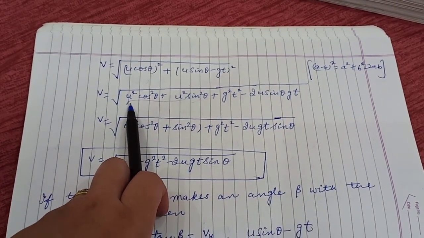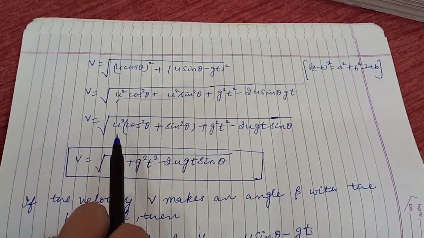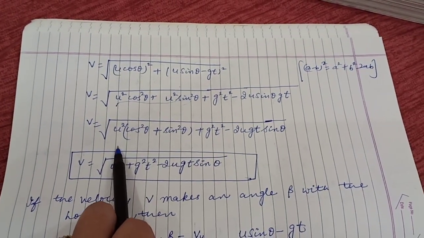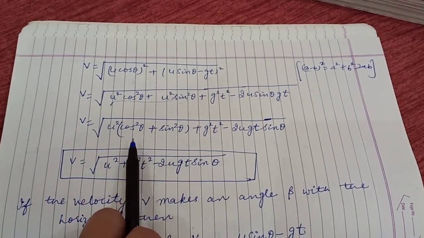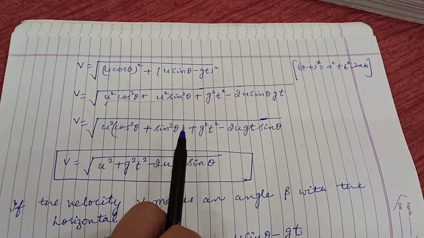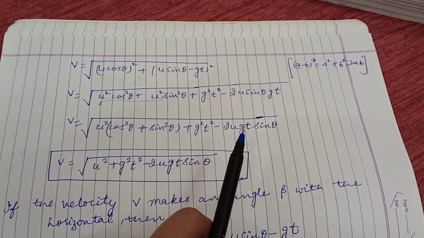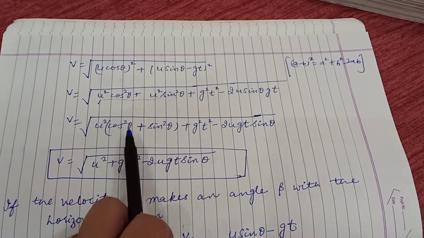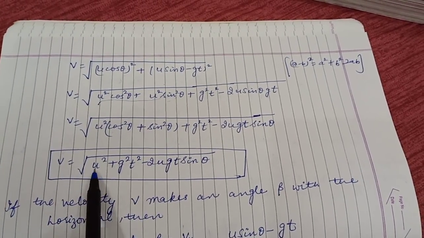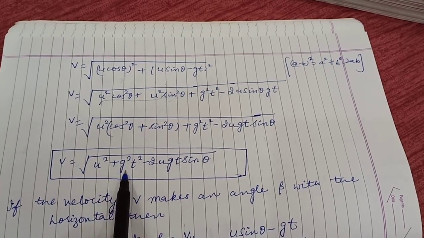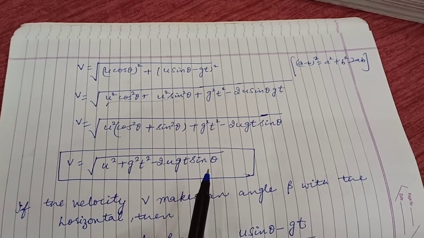So when we take u square common from these two terms in the square root, we get V is equal to square root of u square within bracket cos square theta plus sin square theta, plus g square t square minus 2u gt sin theta. We know the value of cos square theta plus sin square theta is 1. So V is equal to square root of u square plus g square t square minus 2u gt sin theta.